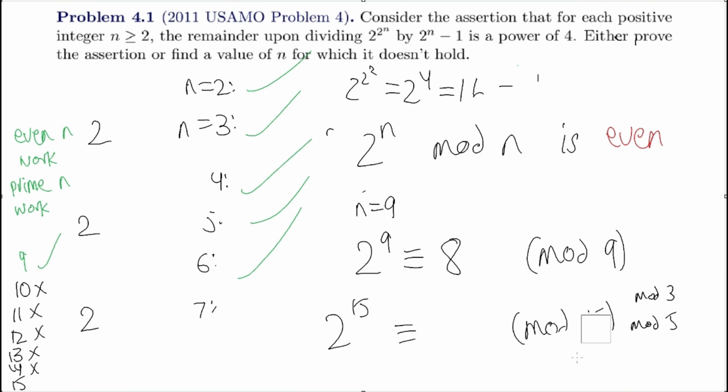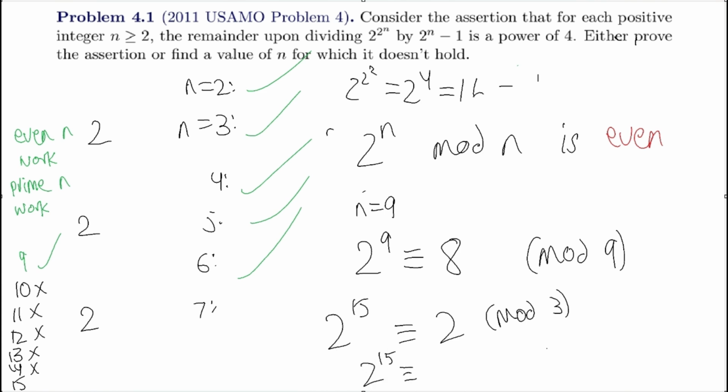So let's first evaluate it mod 3. Mod 3, it becomes 2 to the power of 15 is equivalent to, because 2 squared is equivalent to 1 mod 3, this is 2 mod 3. And then 2 to the 15 mod 5 ends up becoming, when we list them out, 2, 4 times 2 is 8, which is 3, 3 times 2 is 6, which is 1, and we repeat every 4.